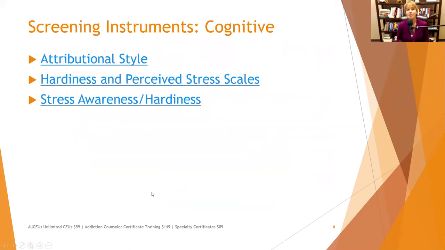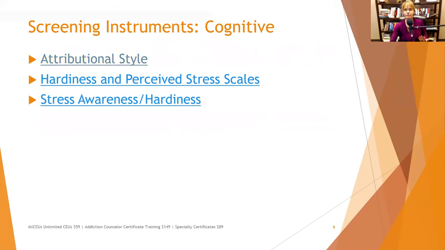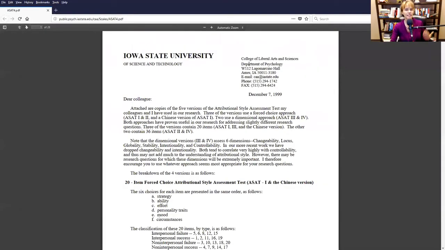Now, a couple other instruments that I like to use to look for cognitive issues that might complicate the picture, such as negative attributional style, low hardiness, or high levels of stress are on this slide. Now, attributional style is where you attribute things coming from. Is it internal or external?